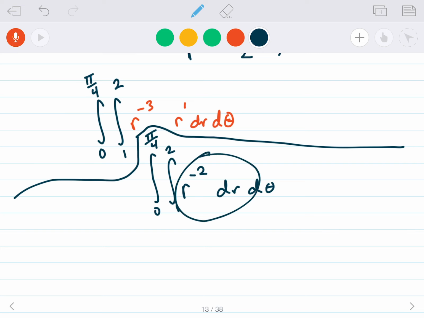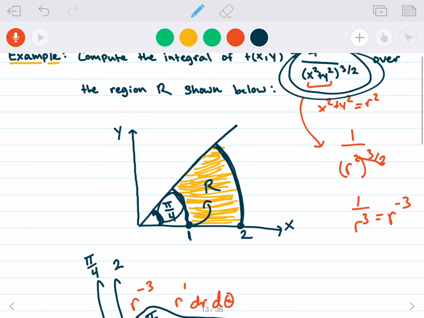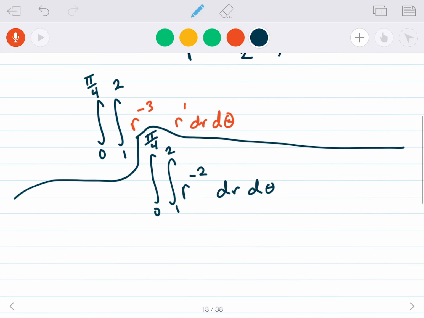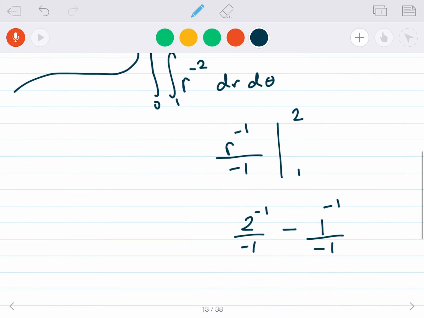Now look how easy this is as opposed to this. See? You see why polar coordinates are so useful? Okay, so let's go ahead and integrate this. Add 1, so we get r to the negative 1, divided by negative 1. We're going from 1 to 2. And if I plug in 2 for r, we get 2 to the negative 1 over negative 1 minus 1 to the negative 1 over negative 1.